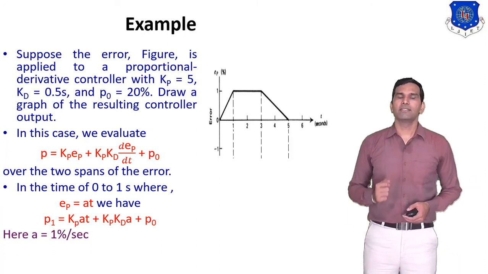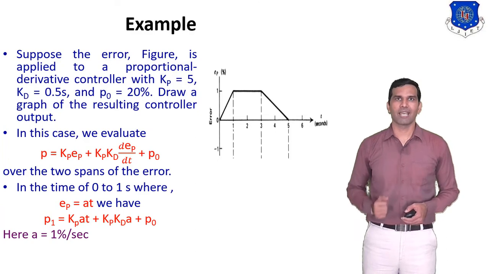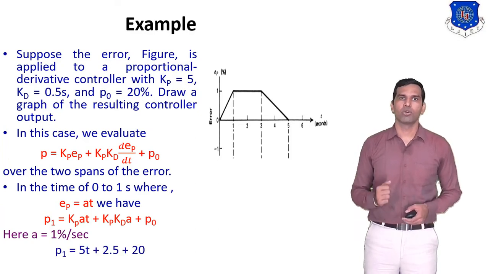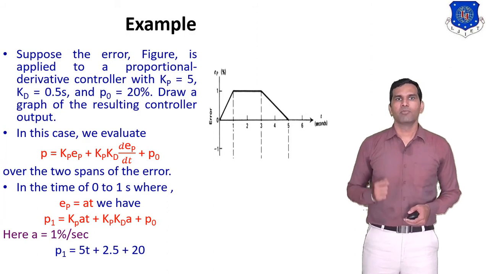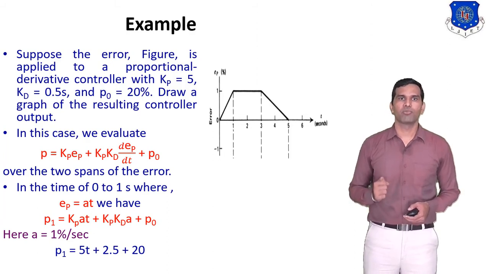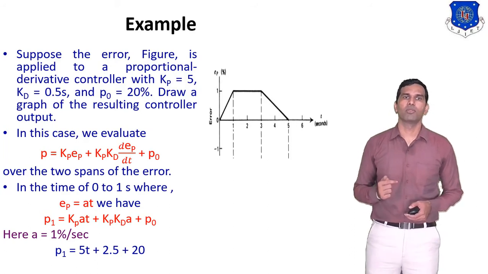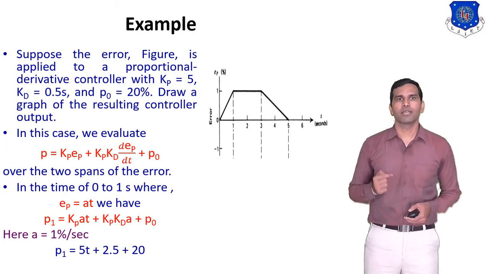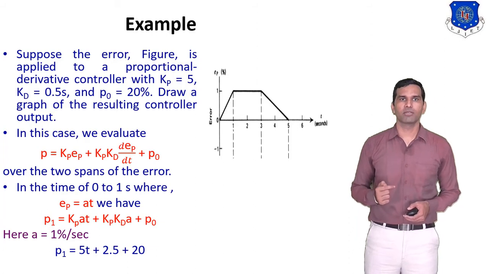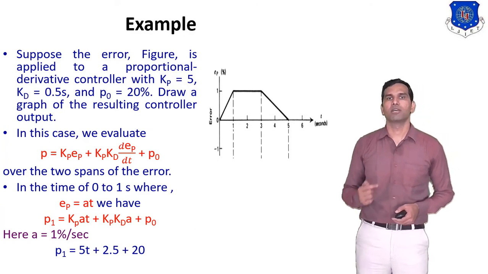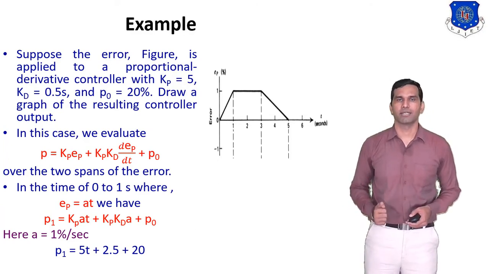Here A is equal to 1% per second. Putting in the values, we get P1 equals 5t plus 2.5 plus 20, where Kp times Kd times A is 2.5 and P0 is 20.